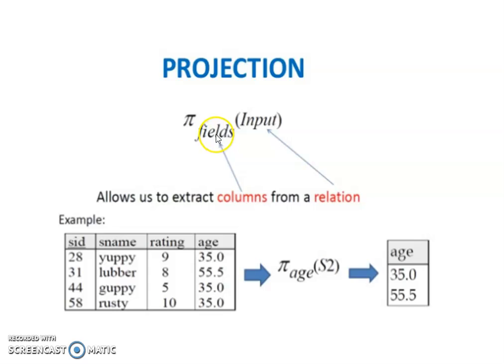Here A1, A2, A3 and so on are the columns of that relation which will be displayed in the resultant subset. It means field is the column and input is the relation. Let's take one example: pi with fields student name, address and course, and input is school. What happens in this case?